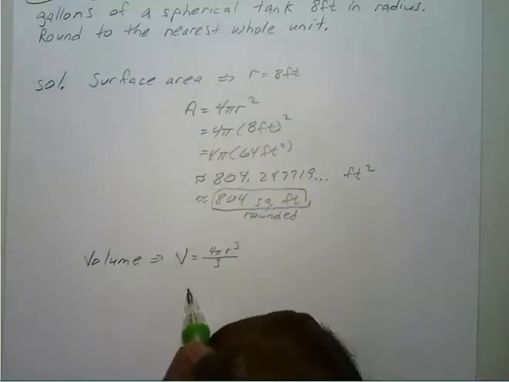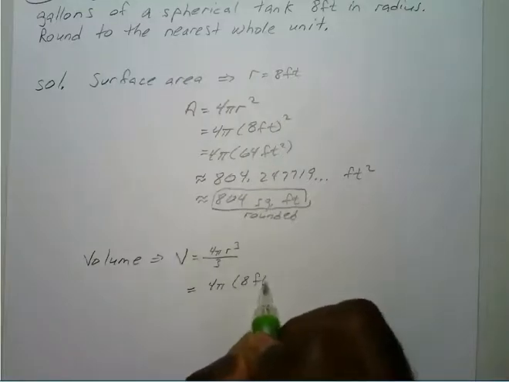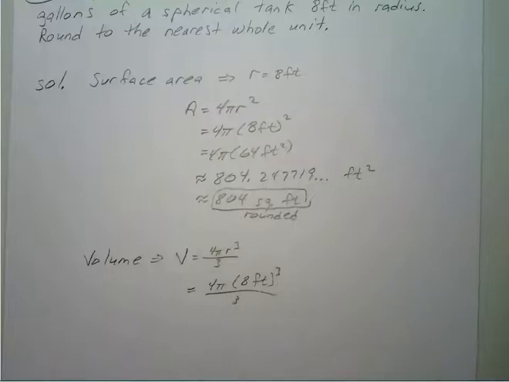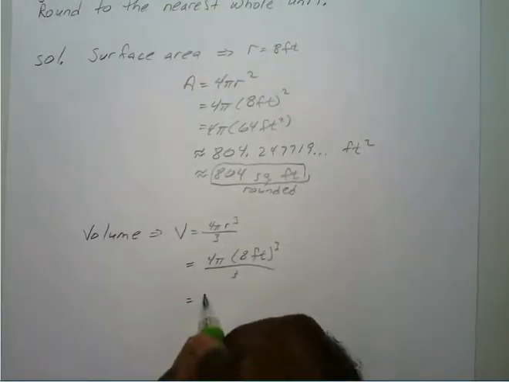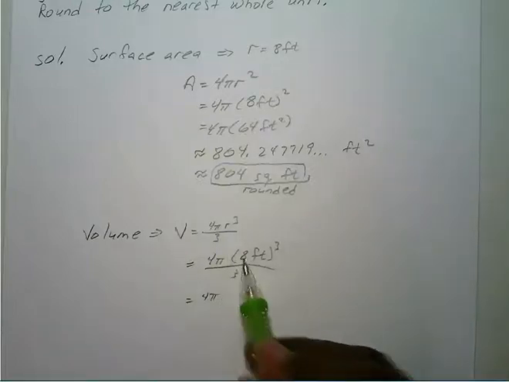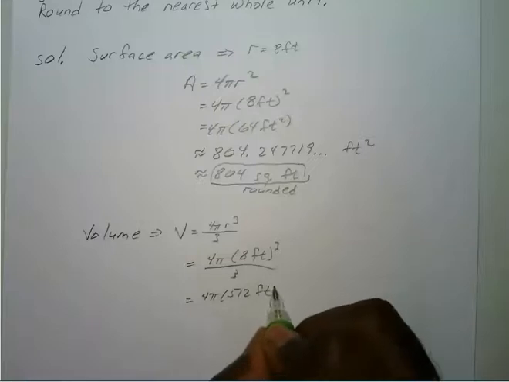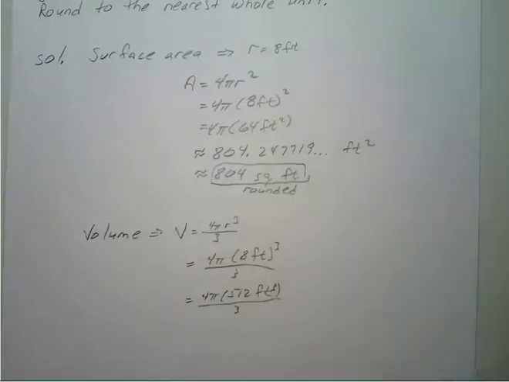Okay, so this is going to equal 4 pi times 8 feet to the third power over 3. Okay, so this is going to equal 4 pi, 8 times 8 times 8 is 512, so that's times 512 cubic feet divided by 3.